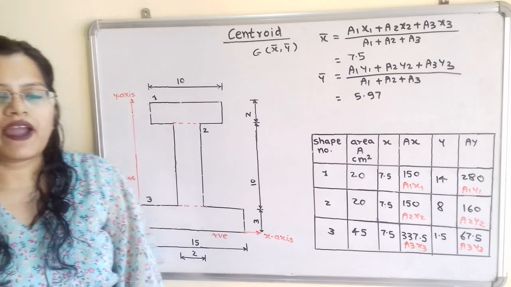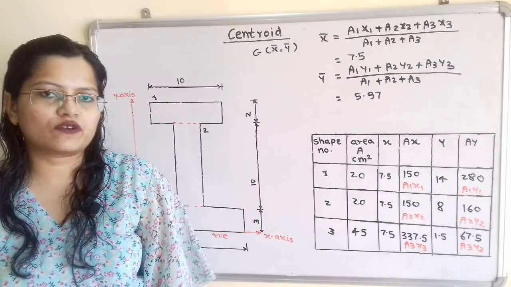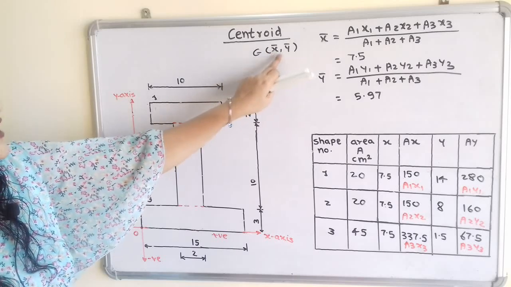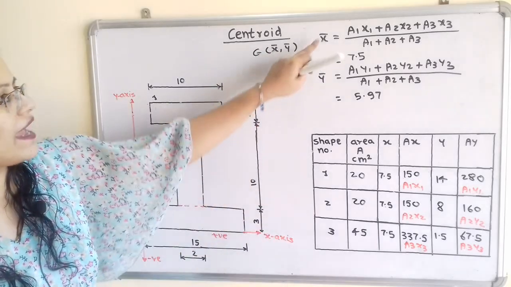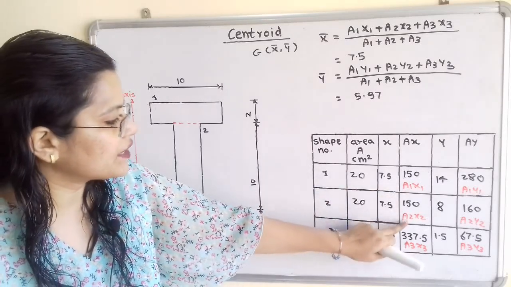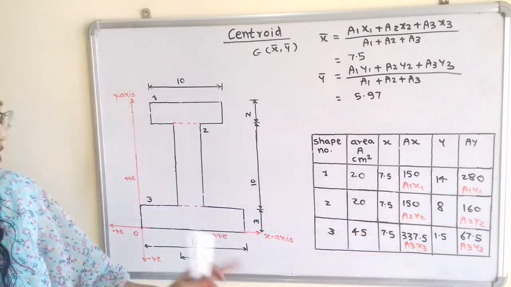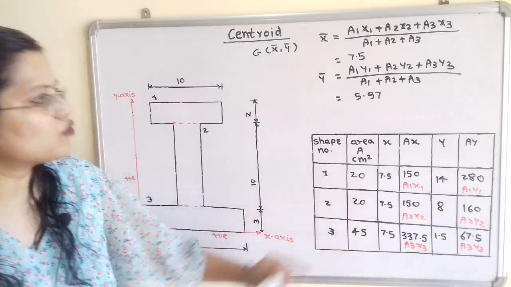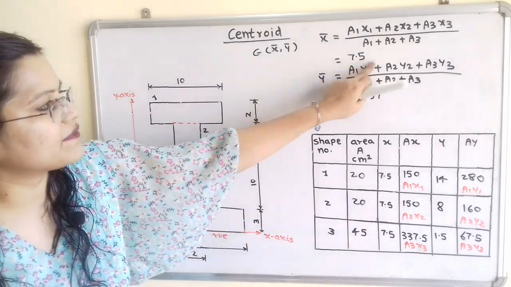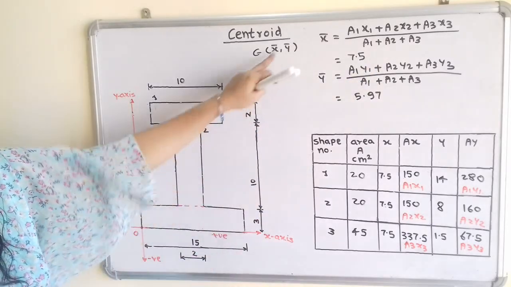Now we will find out coordinates of centroid G for this whole shape. So suppose these coordinates are x bar and y bar, then how to calculate x bar? That is equal to a1 x1 plus a2 x2 plus a3 x3 divided by a1 plus a2 plus a3. So when we calculate this, then we will get 7.5. And how to calculate y bar?